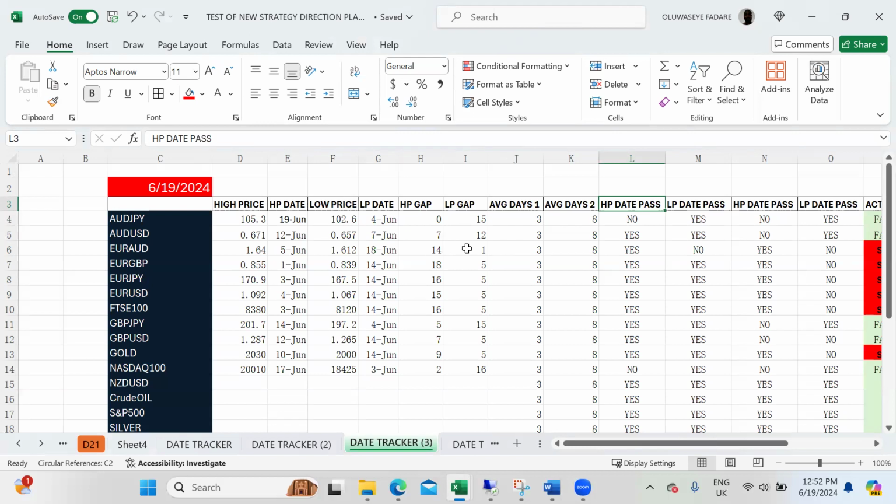We want to know if the high price had fulfilled the date pass for the first one, and then the next one, the low price date pass. We want to see if the market has passed the low price as well.